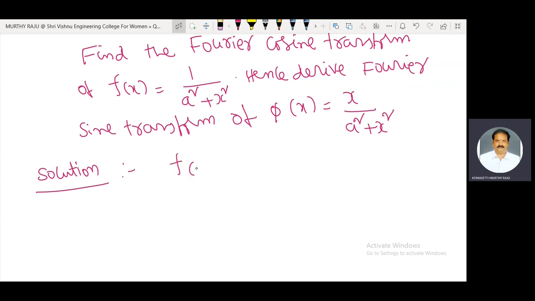The function is given: f of x is equal to 1 by a square plus x square. For this function, I have to find the Fourier cosine transform.